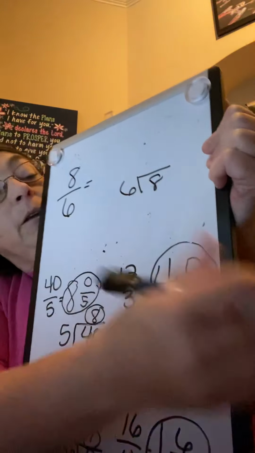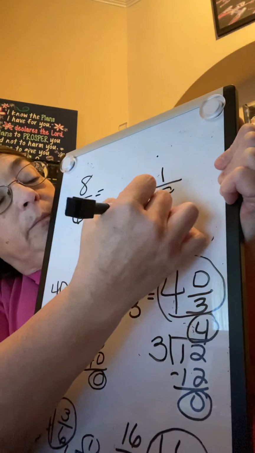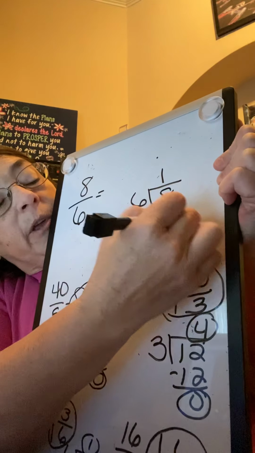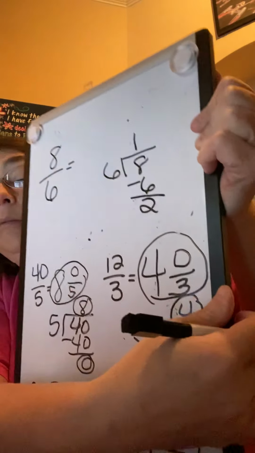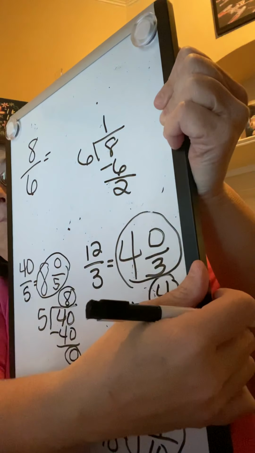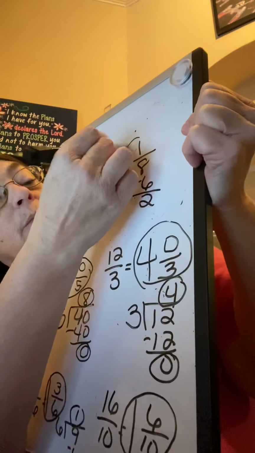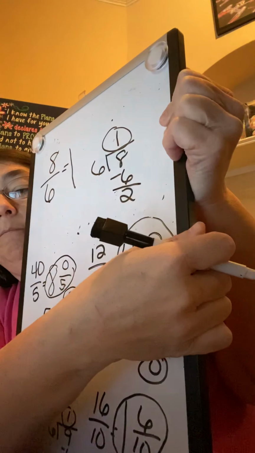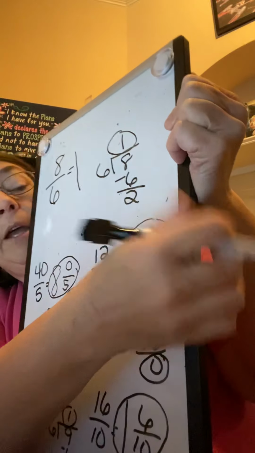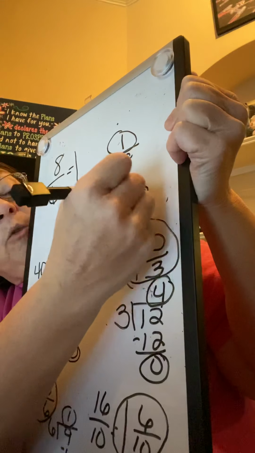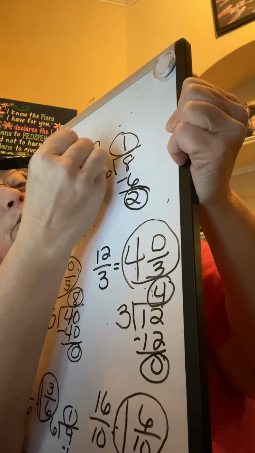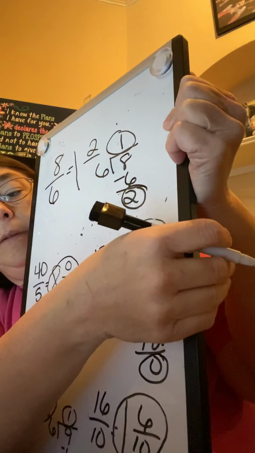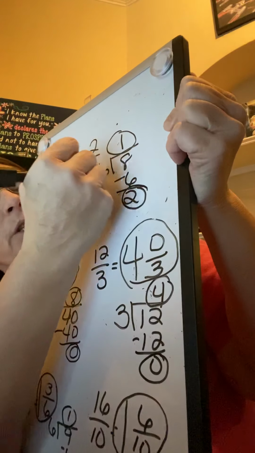Yes. All right. So 6 goes into 8 one time. And I just divide like I normally would. You got that? Okay. So the answer up here becomes my whole number. The remainder, or what's left, becomes my new numerator. And my denominator stays the same.